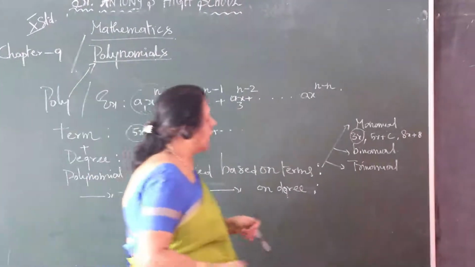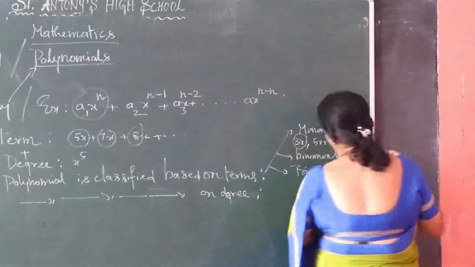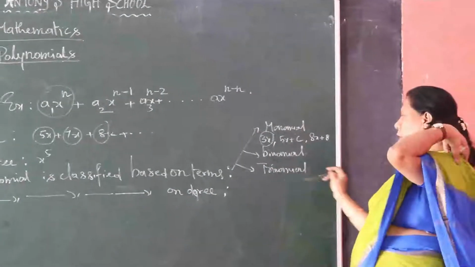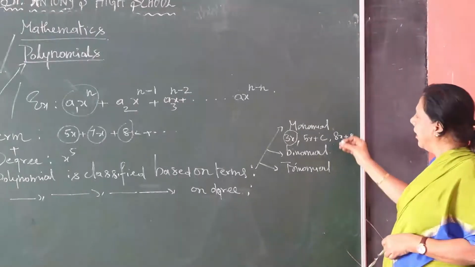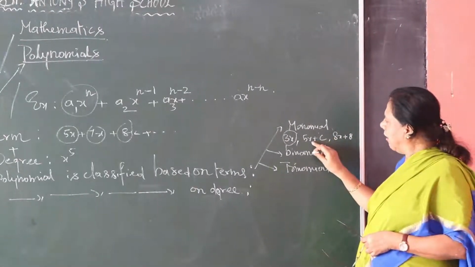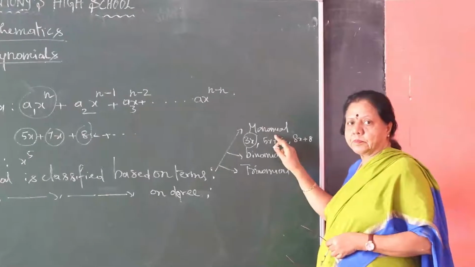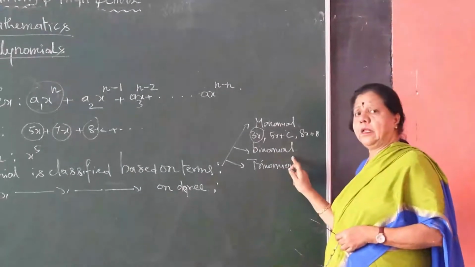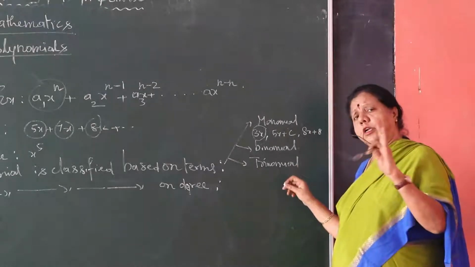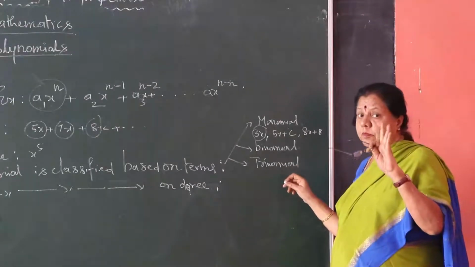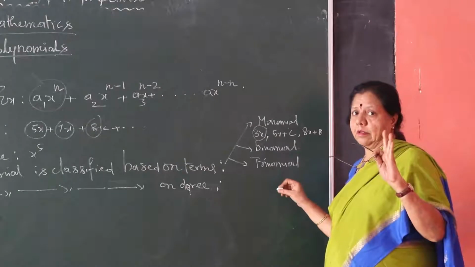Here let us pass on to binomial. Look at the board, children. Binomial is 2. Here you observe, children, the degree of x is only 1. In a binomial, 2 terms will be there, whatever it may be. 2 terms with variable should be there.